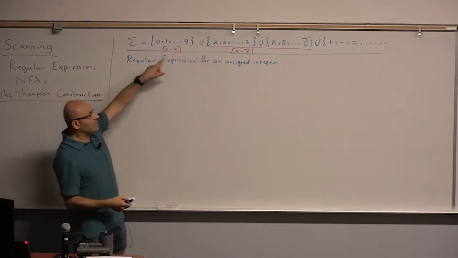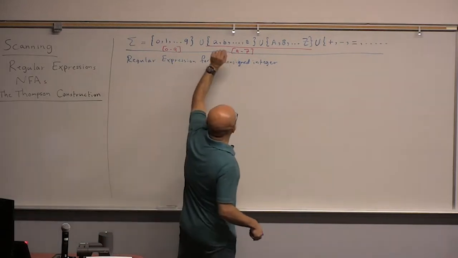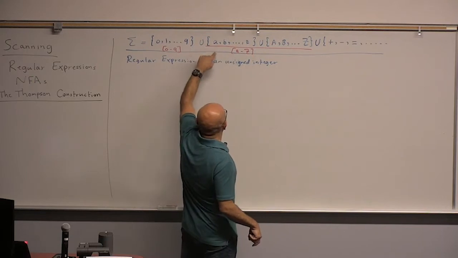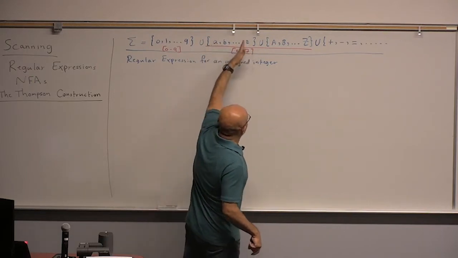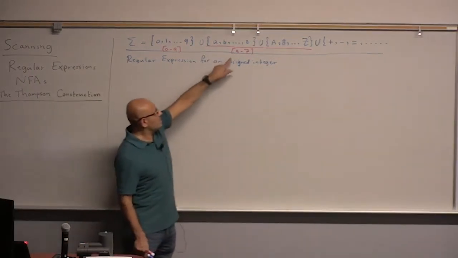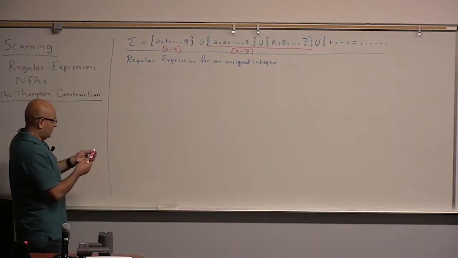In the book, they're using an ellipsis instead of the hyphen. And we are merging little letters with capital letters, so this just means all alphabetic characters.